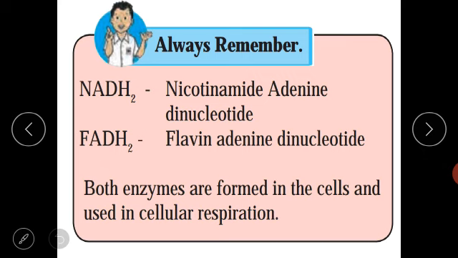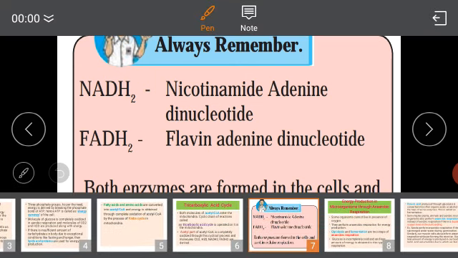Both are formed in the cell and used in cellular respiration. So these enzymes carry out the process of electron transfer from one substance to another in the chemical reactions, and the energy is produced.